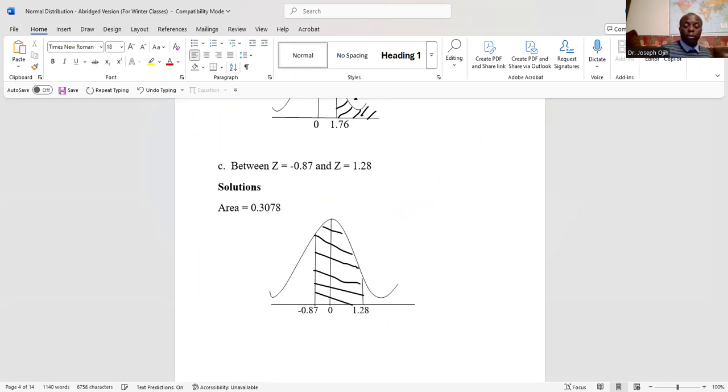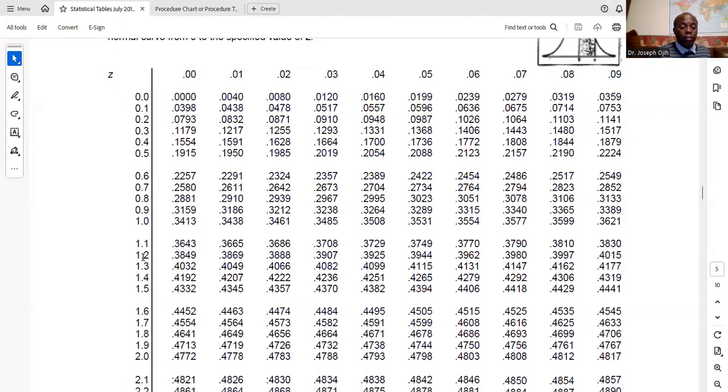0.3078 plus. Now for this one, which is 1.28 here, you can look for it. 1.2 under 8. So 1.2 right here. You go under 8. See right here.